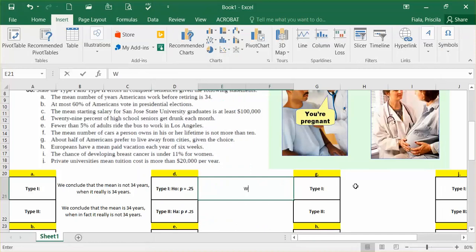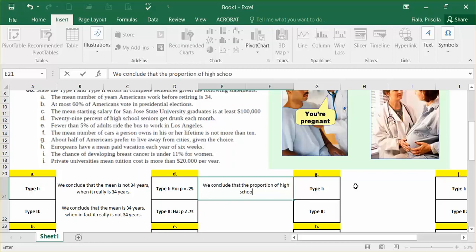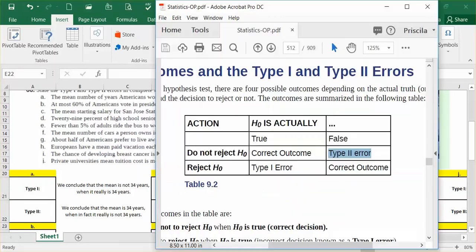Therefore, D is going to be, we conclude that the proportion of high school seniors who get drunk each month is not 29% when it really is 29%. So we rejected the truth. We made a type 1 error.